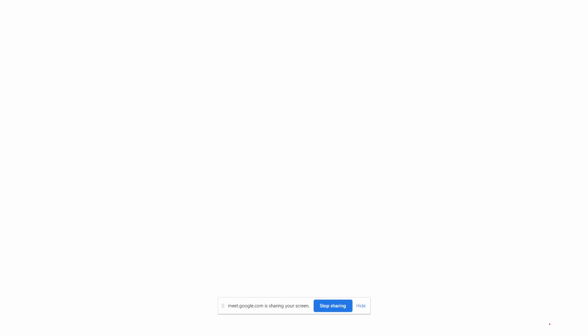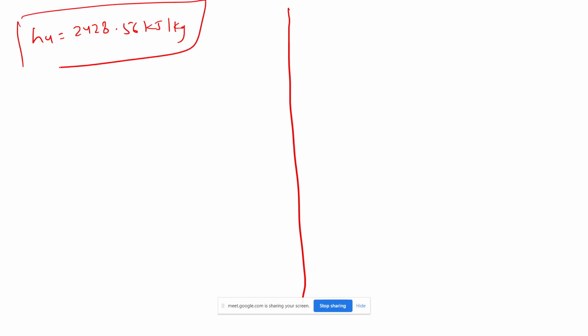Okay. So from here we will get H4 equal to 2428.56 kilojoule per kg.